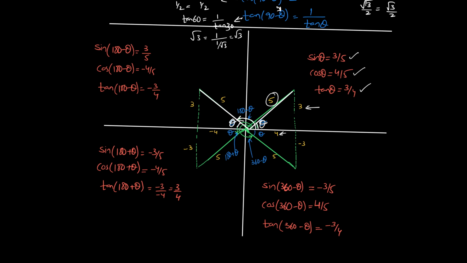Now if your triangle is being formed in the second quadrant, the vertical component is 3, the horizontal component is minus 4, and if you use the Pythagoras theorem, you will still get 5. So this time our angle is 180 minus theta. Sine of 180 minus theta would be 3 over 5, cos of 180 minus theta would be minus 4 over 5, and tan of 180 minus theta would be 3 over minus 4.